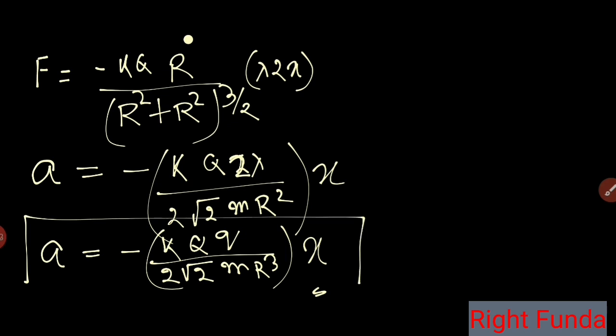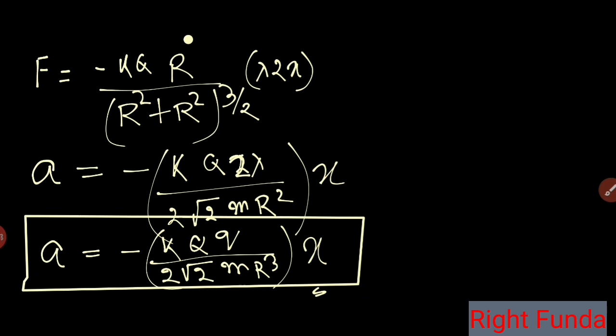So we saw that the acceleration of the rod is proportional to x with a negative sign.